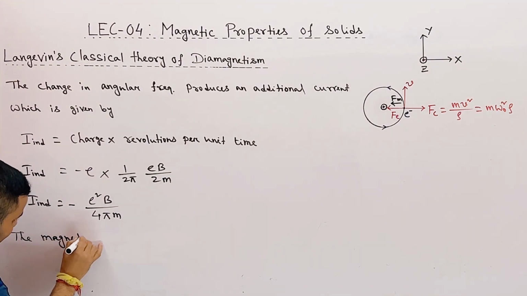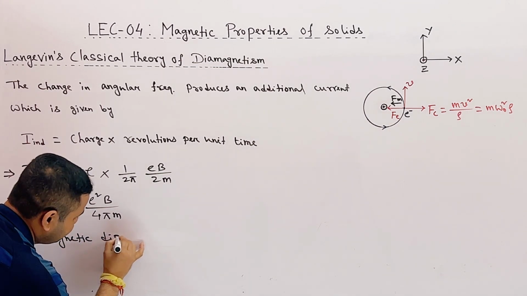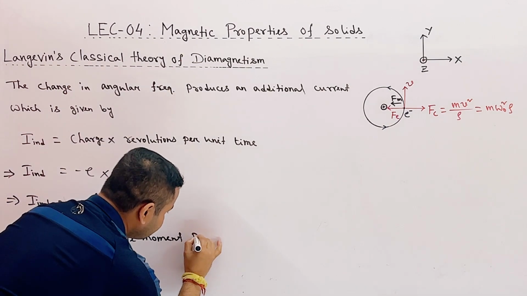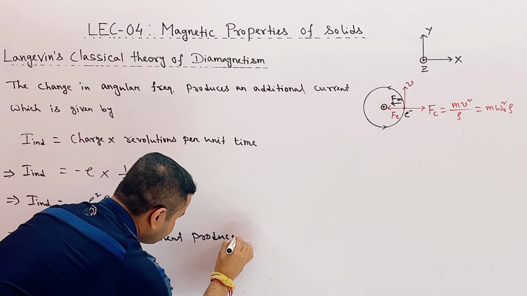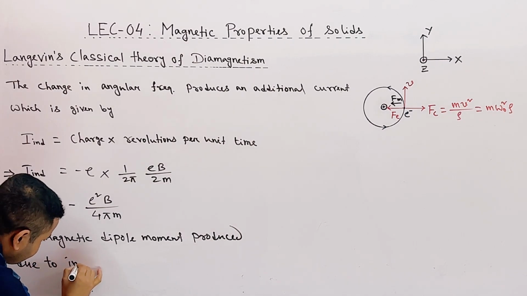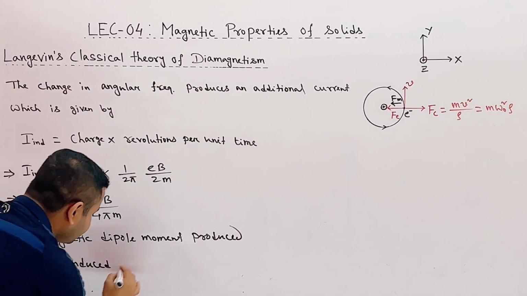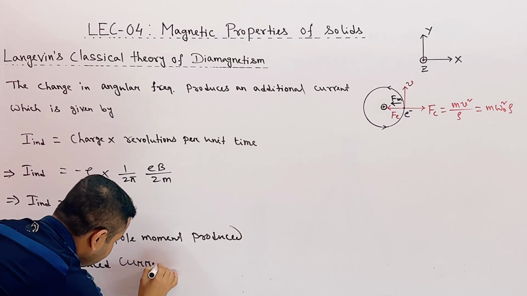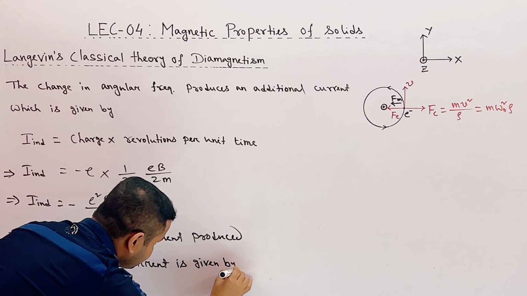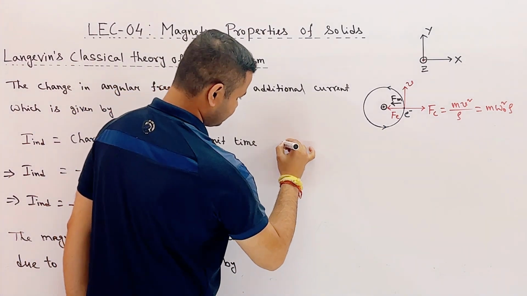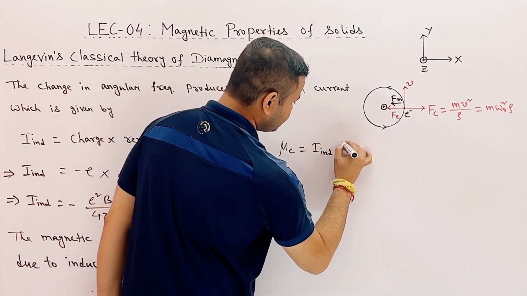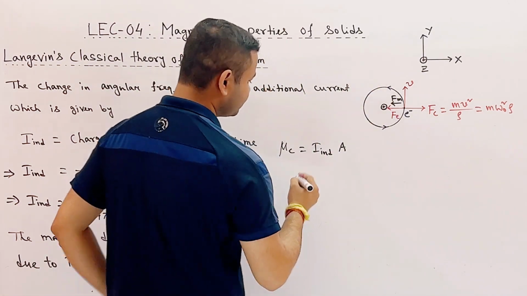The magnetic dipole moment produced due to induced current is given by I induced into area of this loop.